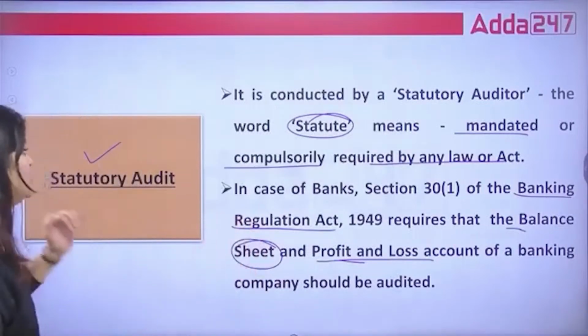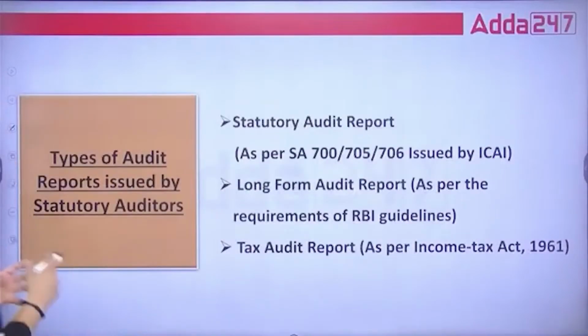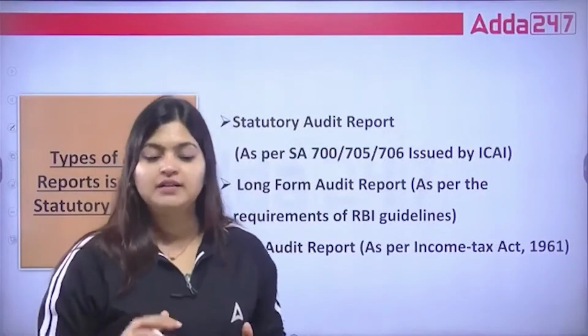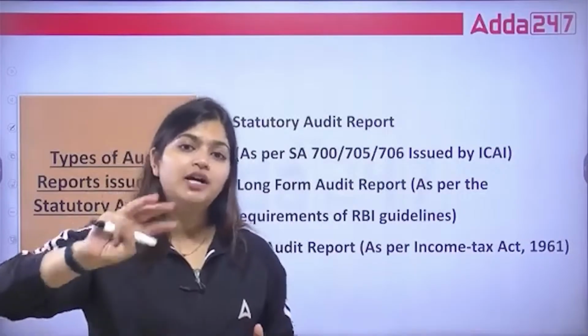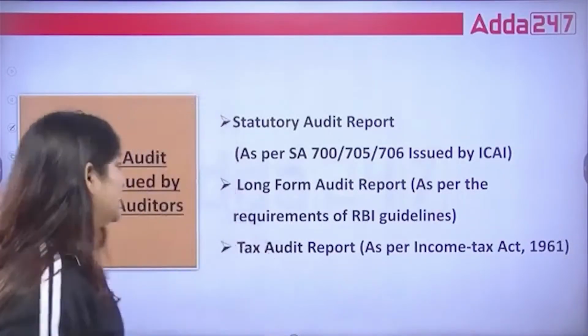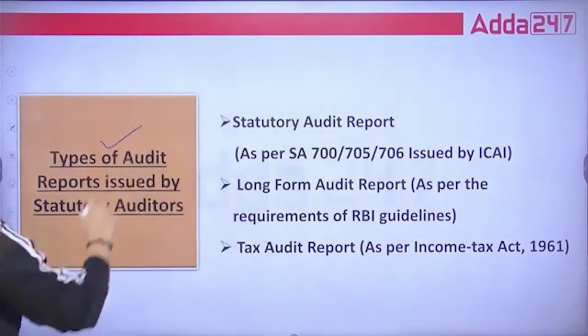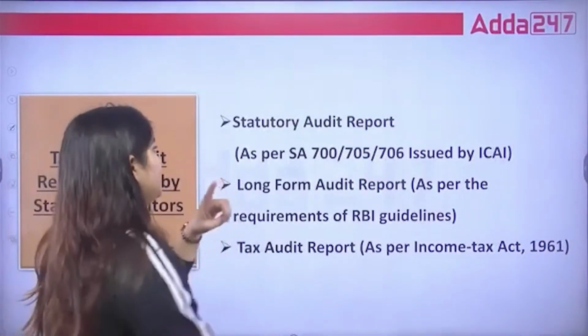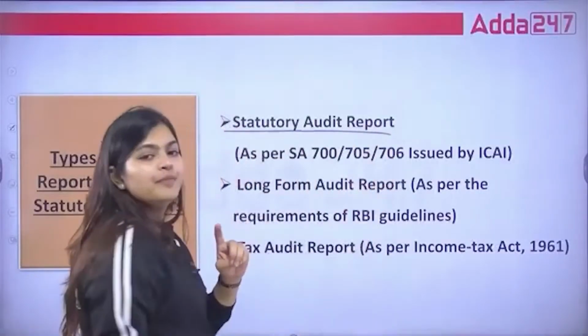Now, when we talk about stat audit, here you are going to appoint outside experts, like chartered accountants. So this is your third type of audit. Now, what are the different types of reports as an auditor we are going to issue? Three types. Number one, stat audit report.